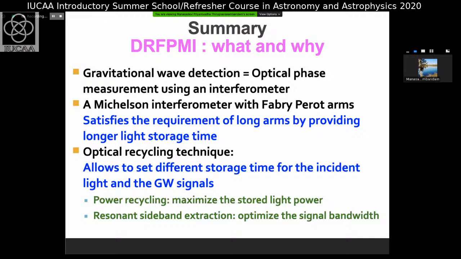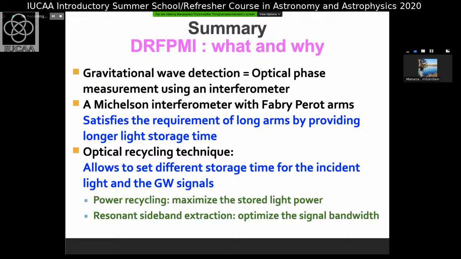So the first thing that we started with is using a simple Michelson interferometer. And what we talked about is how gravitational wave detection depicts itself in a Michelson interferometer. It is actually an optical phase measurement, and is sensitive to the differential degree of freedom of the Michelson.